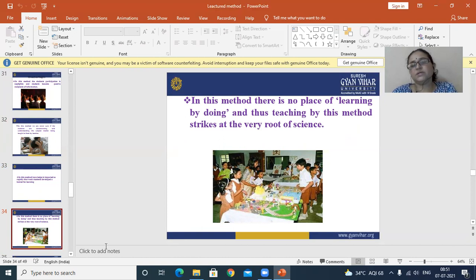In this method, there is no place for learning by doing because it is a teacher-centered method, and thus teaching by this method strikes at the very root of science.